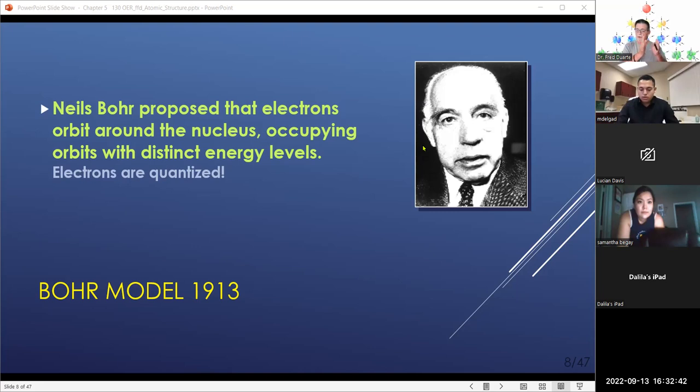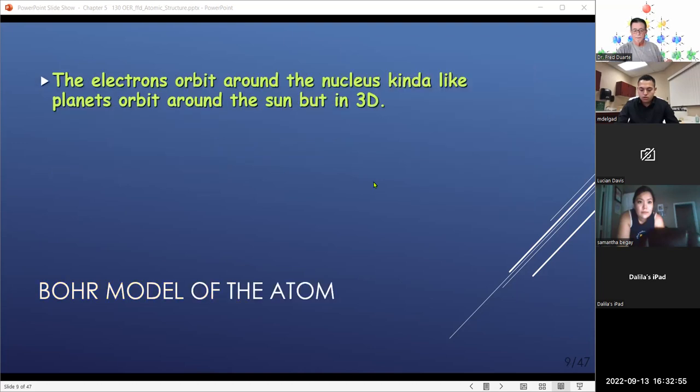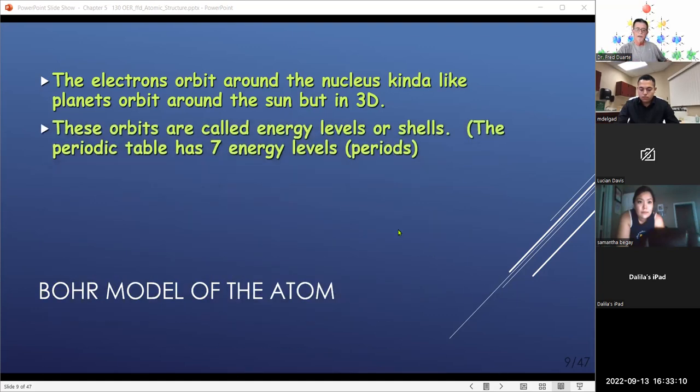Hence, back to the periodic table, energy levels 1, 2, 3, 4, 5, 6, 7. So the electrons are now quantized, which is what Niels Bohr proposed. The electrons orbit around the nucleus in three dimensions, sort of like our solar system, but our solar system is more two-dimensional. The electrons are more three-dimensional, and they're all over a specific area. Okay. And they orbit these energy levels.